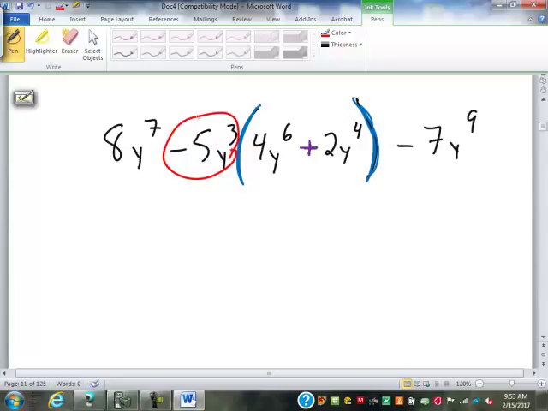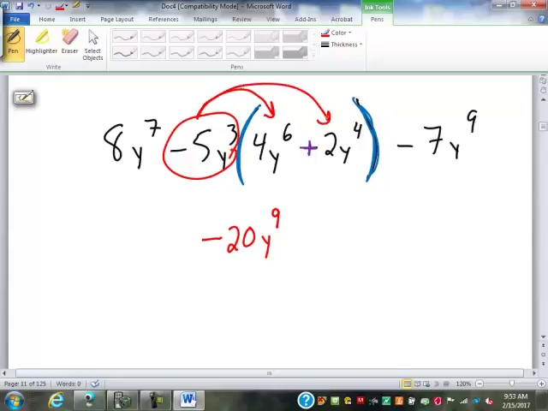So we're going to distribute the negative 5y to the third times 4y to the 6th. Negative 5 times 4 is negative 20. Y to the third times y to the 6th, we add the powers. 3 plus 6 is 9.